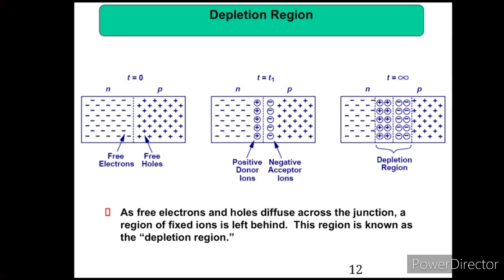This region is known as the depletion region, where the n-type and p-type carriers cannot change position. As free electrons and holes diffuse across the junction, a region of fixed ions is left behind. This region is known as the depletion region.